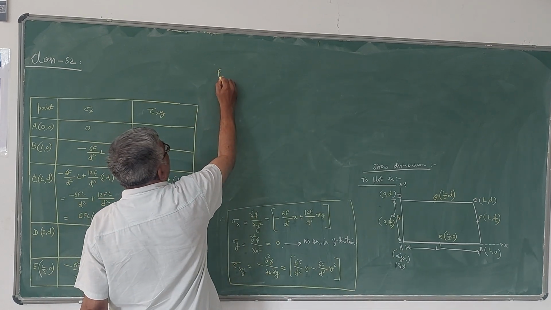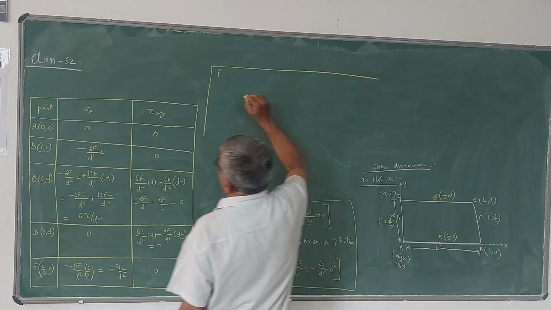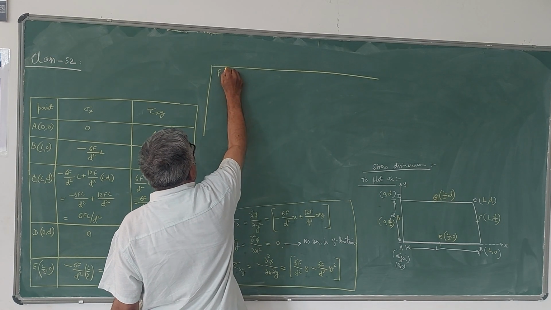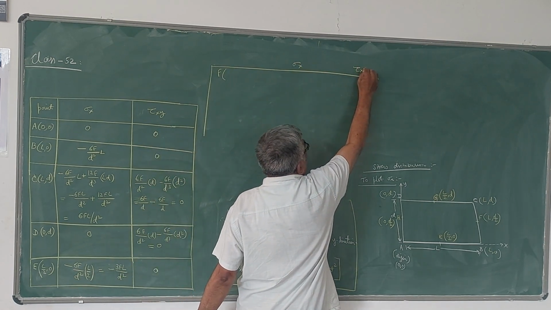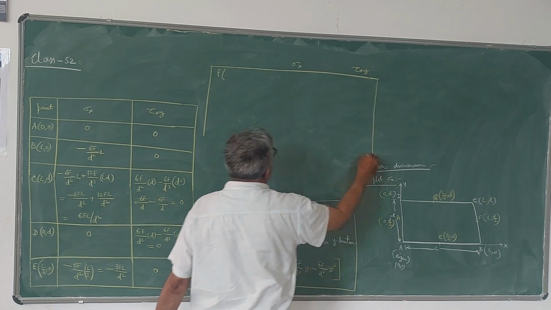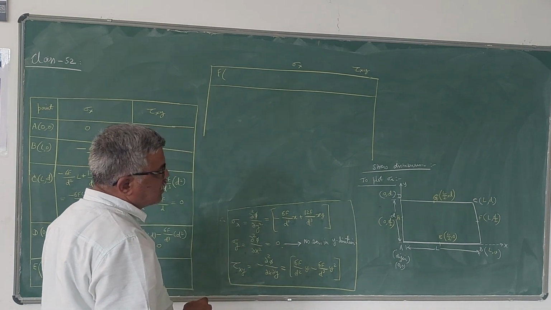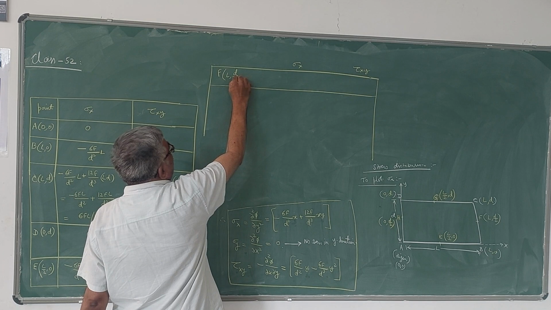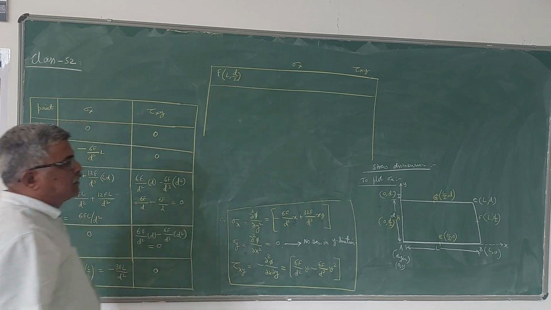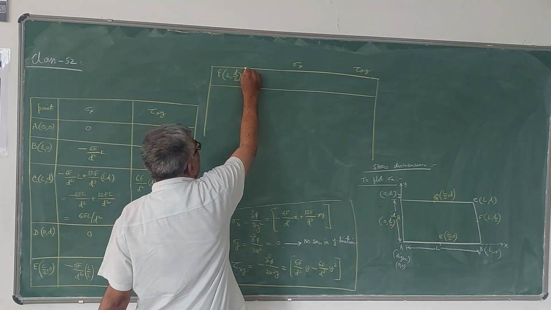So here this is sigma x, this is tau x. F is here, L comma d by 2. What is the value of sigma x?